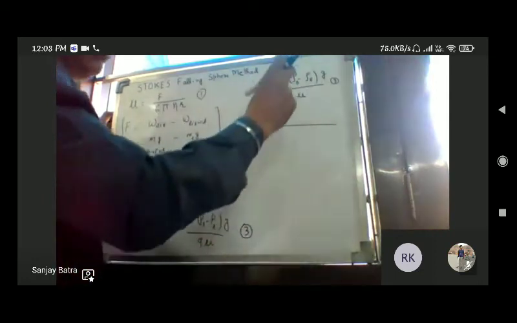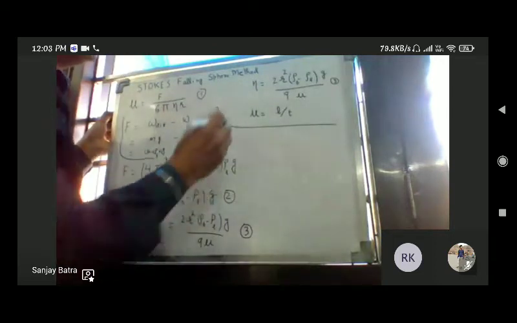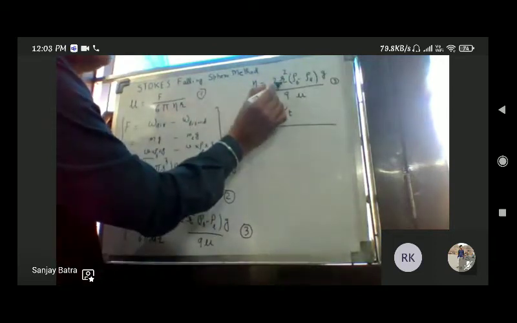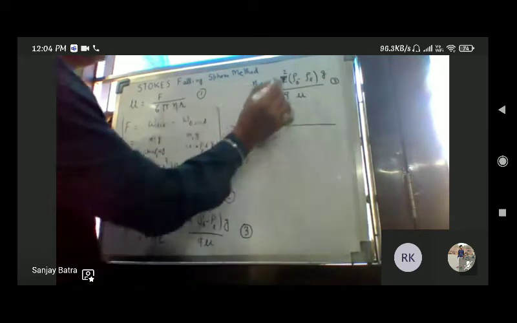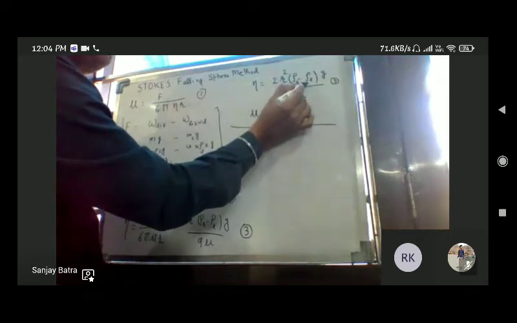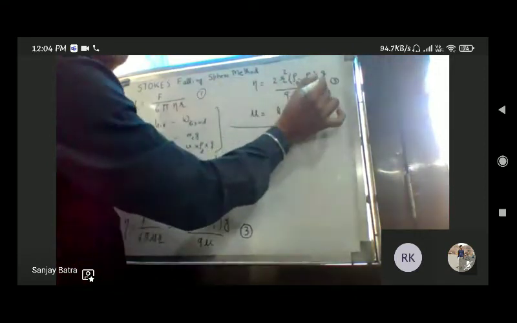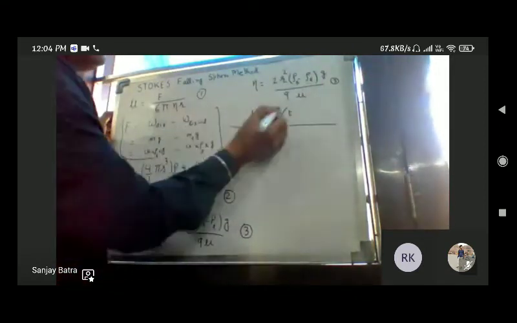So we will note down time of flow for the second liquid, and when we do this, the value of r will remain constant. Same sphere is being used, so density of sphere will remain constant, sorry, density of liquid will change. So as a result, g will remain constant and L will remain constant.